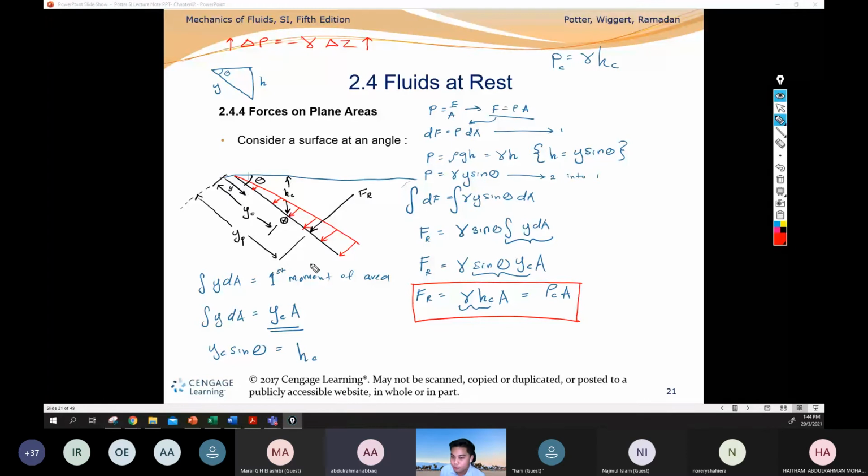So if you want to get the resultant force, just simply use this equation: gamma HC times area, which is gamma of the water or other oil or fluid, times HC. HC is the centroid position to the surface, and the area. It's very simple.